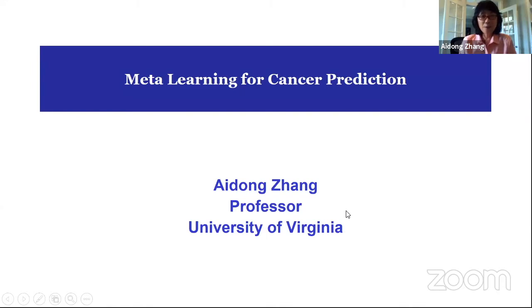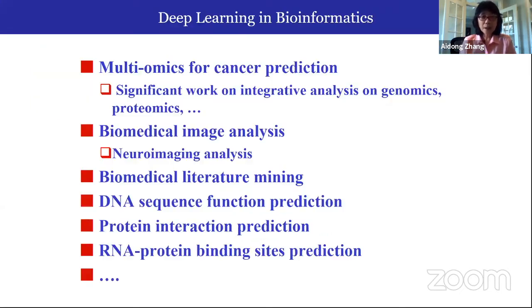And so I will talk about how the newest kind of machine learning called meta learning can be used for cancer prediction. So in general, we have seen lately deep learning applied to bioinformatics. The majority of research is actually in multi-omics for cancer prediction, because omics data have been generated a lot lately.